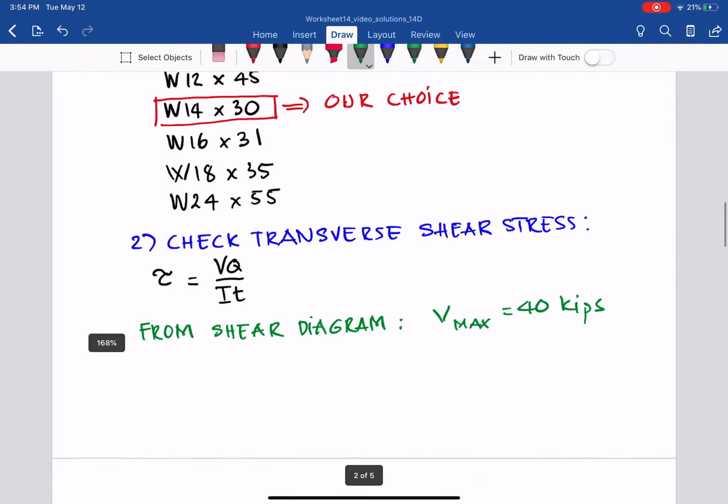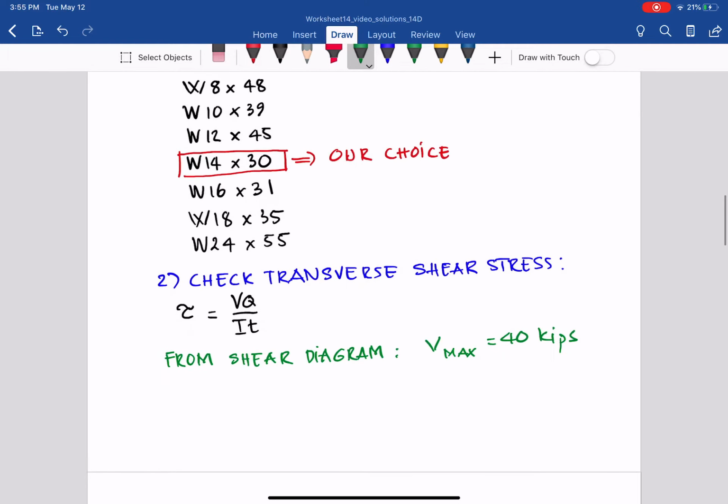And the I, etc., come from appendix C, where W14 by 30 is our choice.